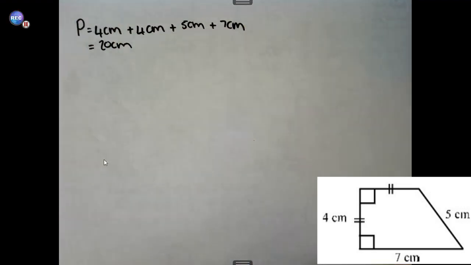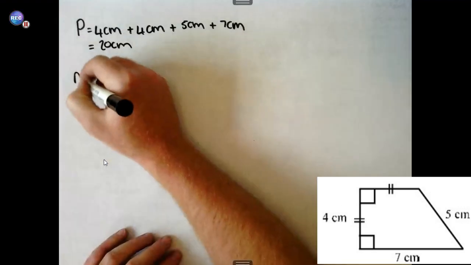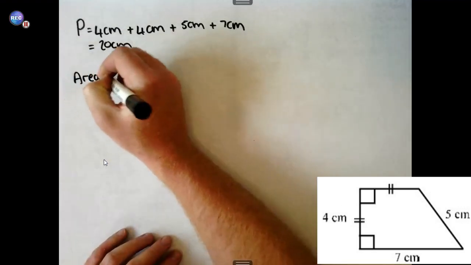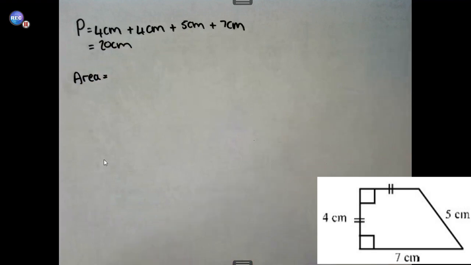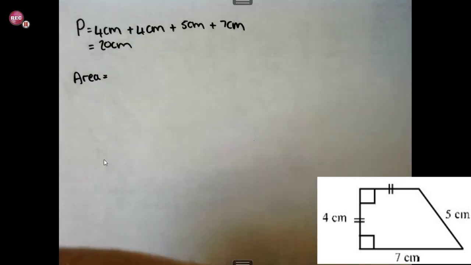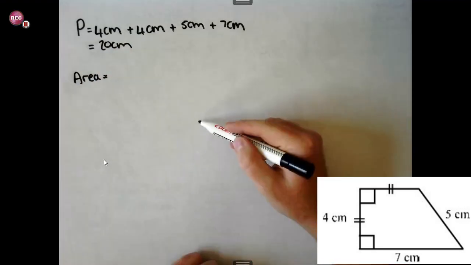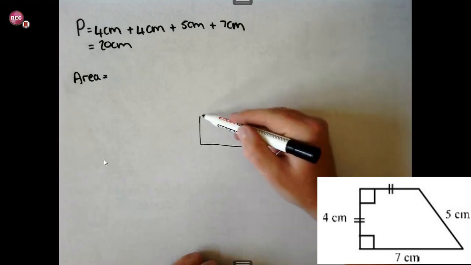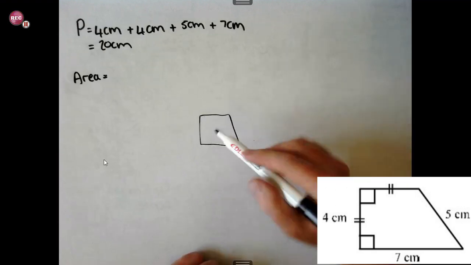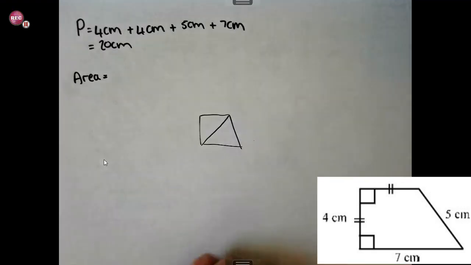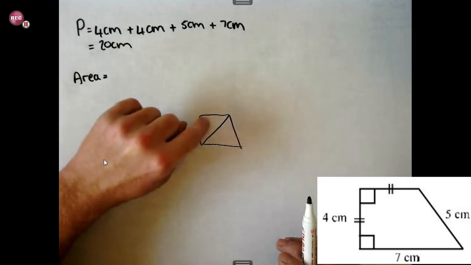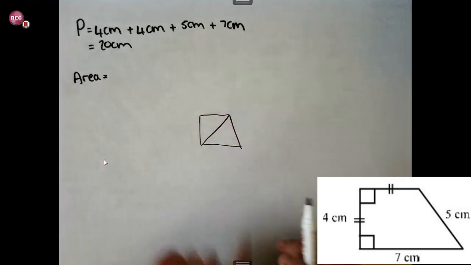Now moving on to the area for the shape. To calculate the area of a trapezium works as follows. So you have area is equal to, now what they normally do is they divide the trapezium. So if it looks like this, they'll divide it into two sections with a diagonal line, which means that you'll have a triangle here and a triangle there.